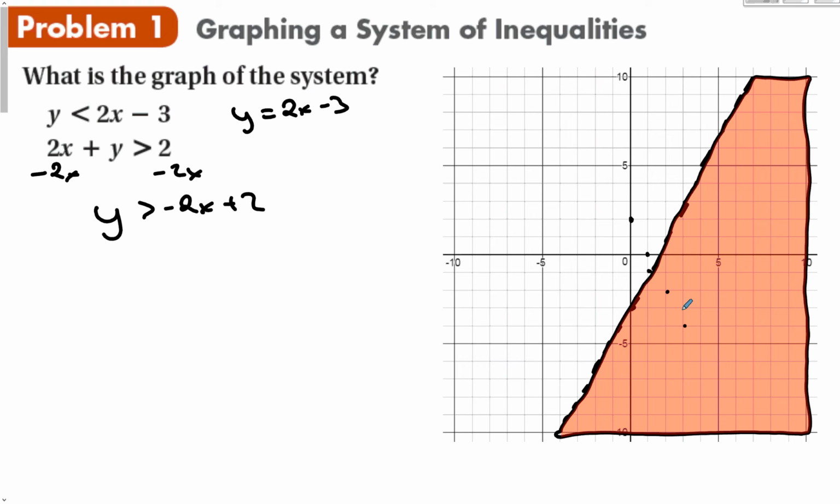Down 2, right 1, or up 2, left 1. And again, I'm going to use a dotted line because it says greater than, not greater than or equal to. And to use my fill tool again, I'm going to have to define the region. I'm going to shade above the line because it says greater than, just like we filled below the line before because it was a less than.